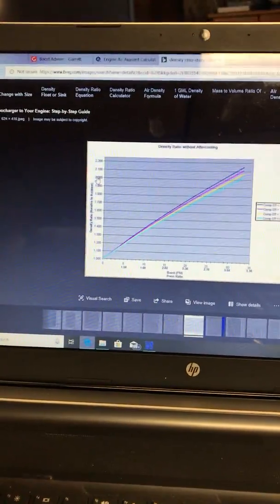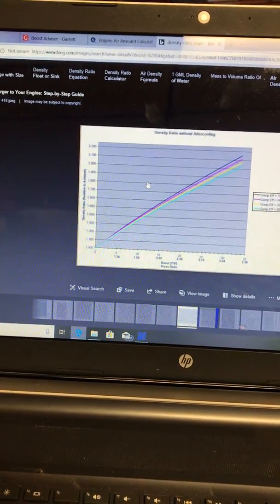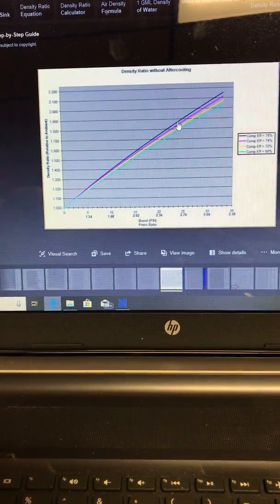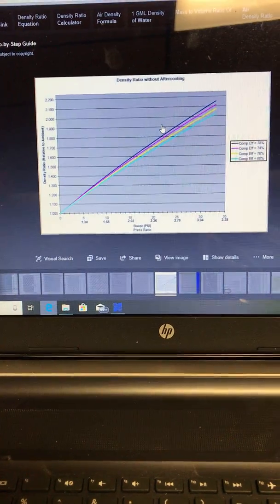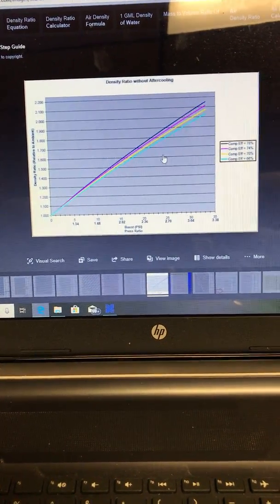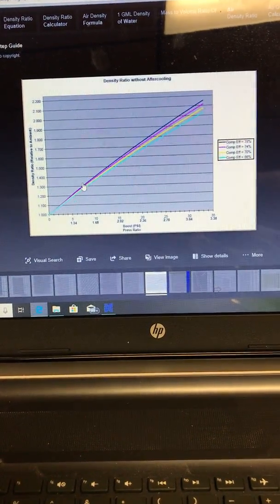And I didn't talk at all about that because typically everything we run is intercooled, and the more intercooling you do, the closer you can get your compressor discharge temperature back to your ambient temperature, the better this efficiency is going to be.